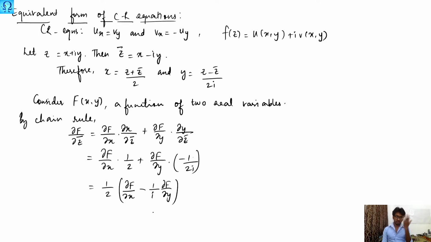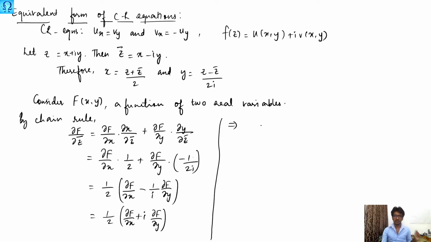When you take the conjugate and multiply in both the numerator and denominator, you get del f upon del x plus iota times del f upon del y. From this expression, f is any arbitrary function, so the operator del upon del z bar applied to the function f is the same as half times del upon del x plus iota del upon del y applied to f.